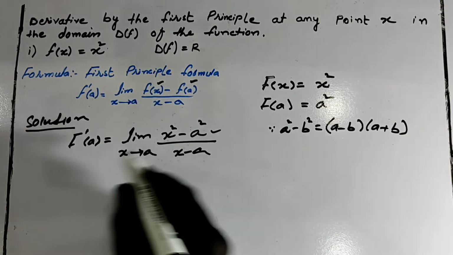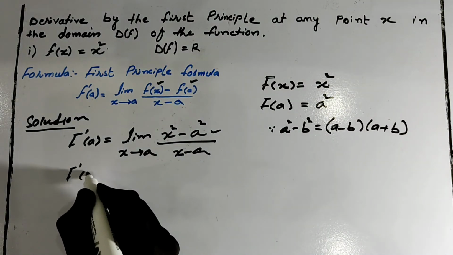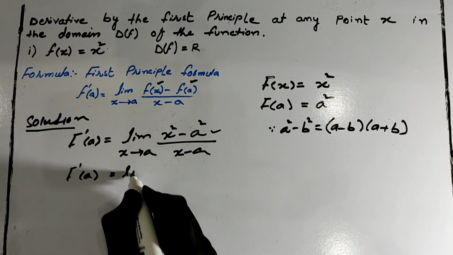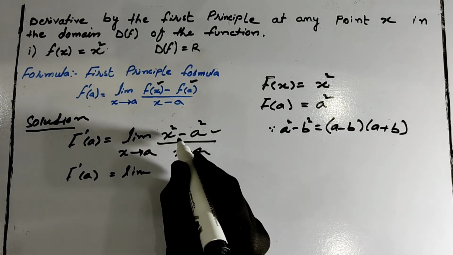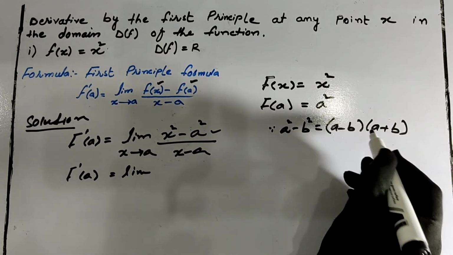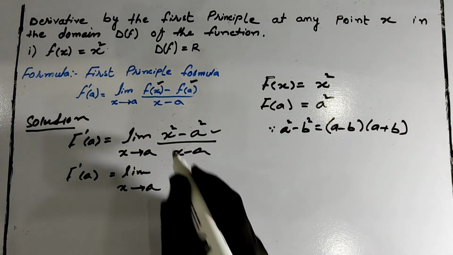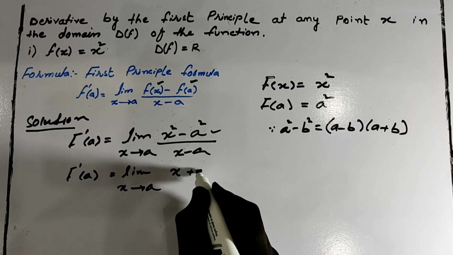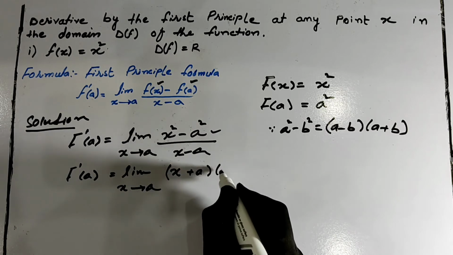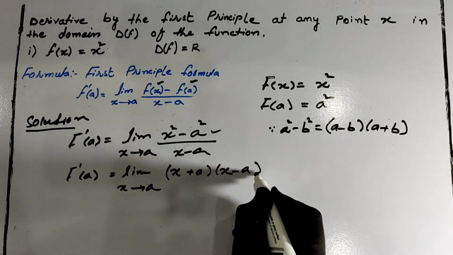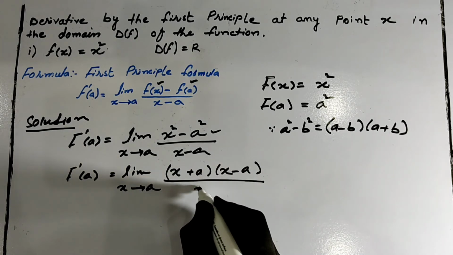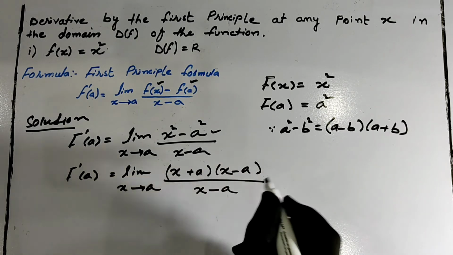By this formula we will open this x square minus a square in this form. Limit x approaches to a, this will become x plus a and x minus a, in denominator x minus a.